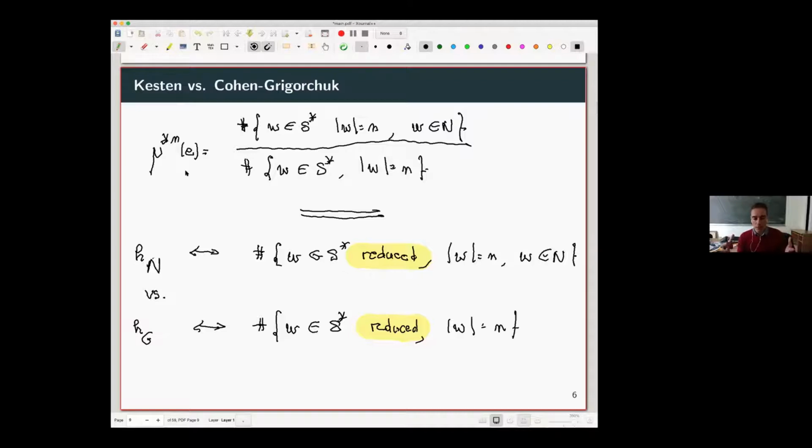And because the free group is very symmetric, all the generators play the same role, they can write the spectral radius of the random walk and those two exponential growth rates. And they get that if h_N equals h_G, then the spectral radius has to be 1, therefore the quotient has to be amenable.